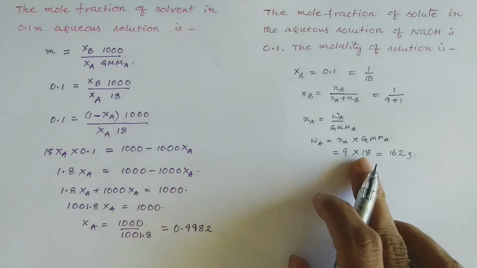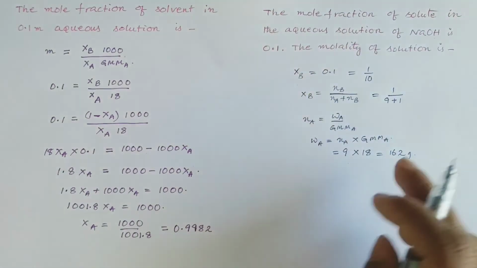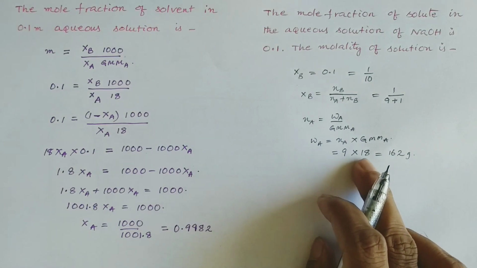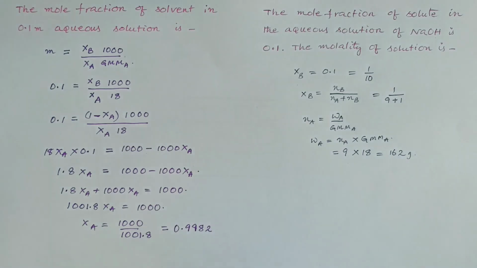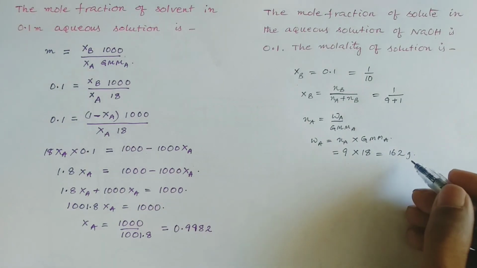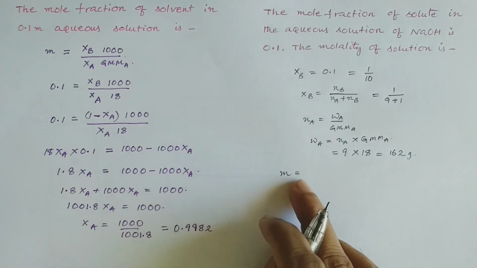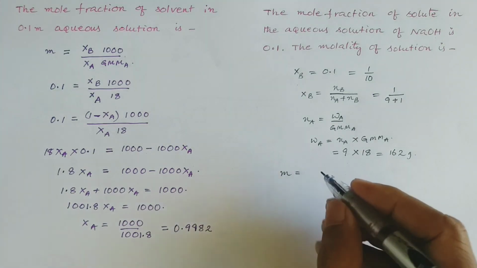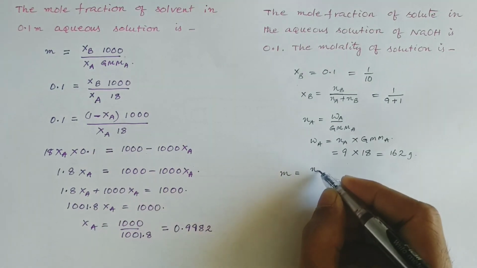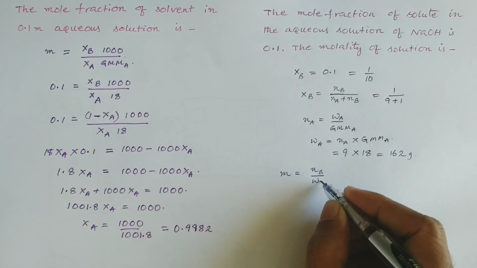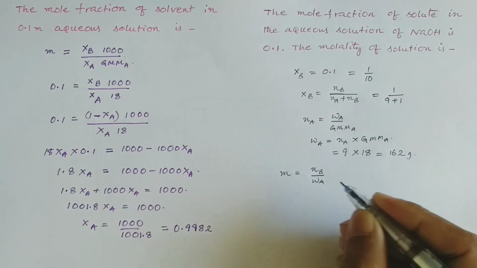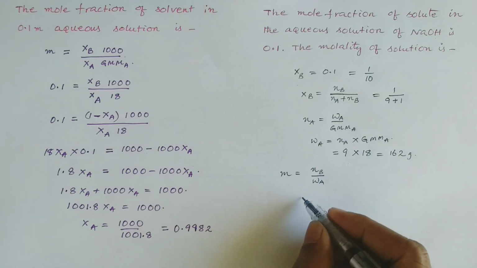Okay, so this is aqueous solution. So solvent is water, so molar mass of water is 18, so 9 into 18 is equal to 162 gram. Okay, we'll calculate molality. Molality is equal to number of moles of solute divided by mass of solvent in kg, right?